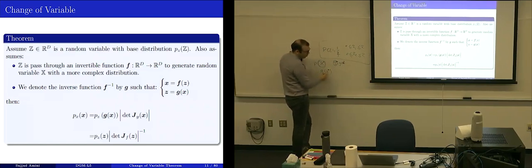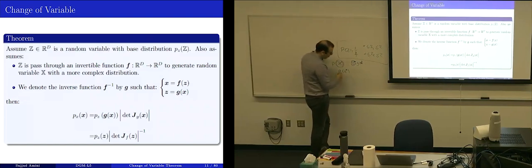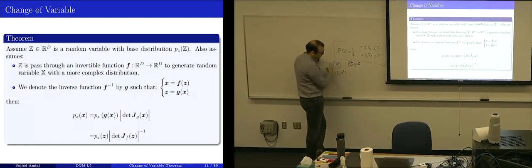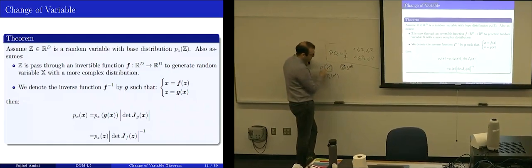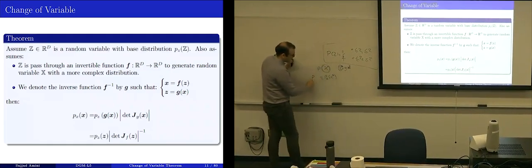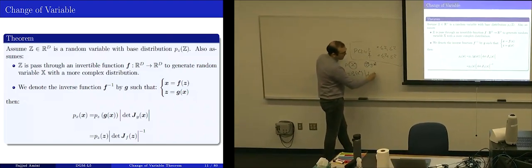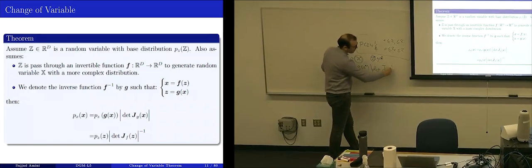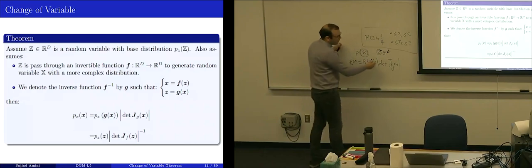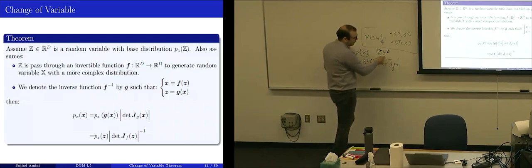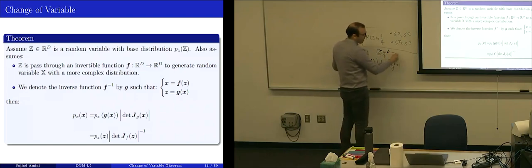We calculate the distribution of z star, but this is not the PDF at the x star point. You should multiply the value by the determinant of the Jacobian of g at the point x. What does it mean? We know f, so we can formulate g.